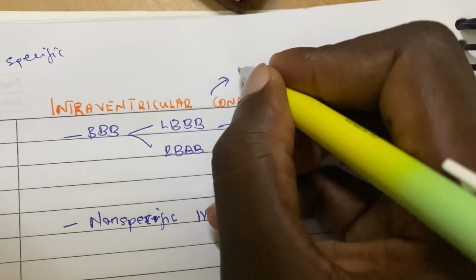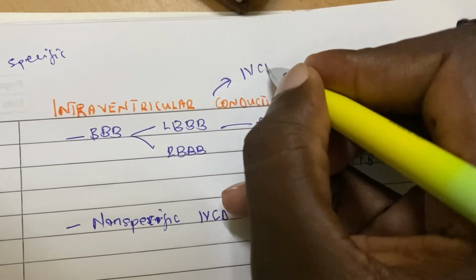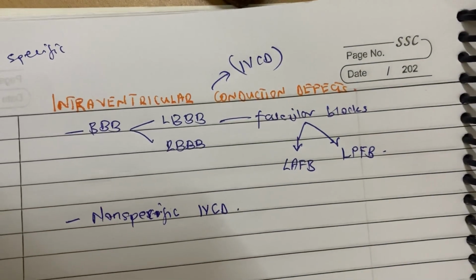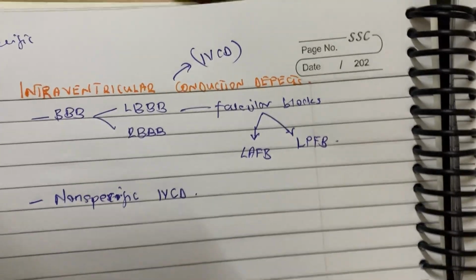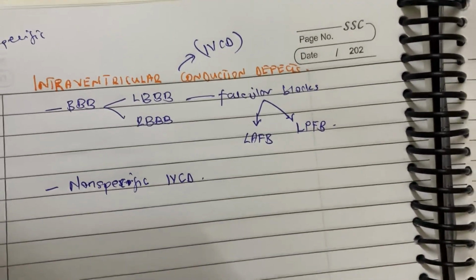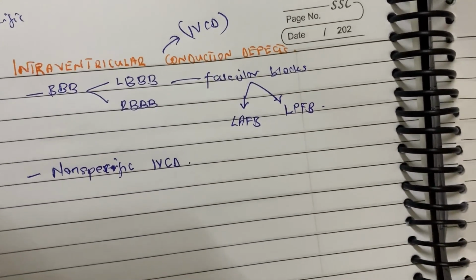This one can be written as IVCD, non-specific interventricular conduction defects. So from here we are going to look at them one by one. In bundle branch blocks, we have left bundle branch block and right bundle branch block.